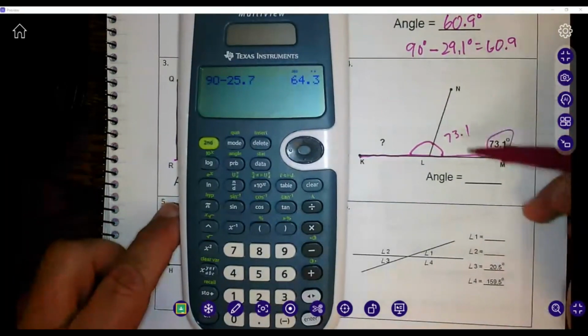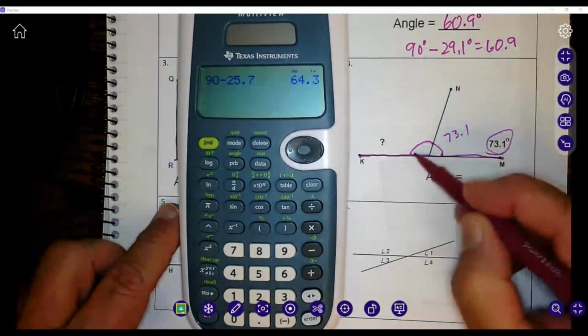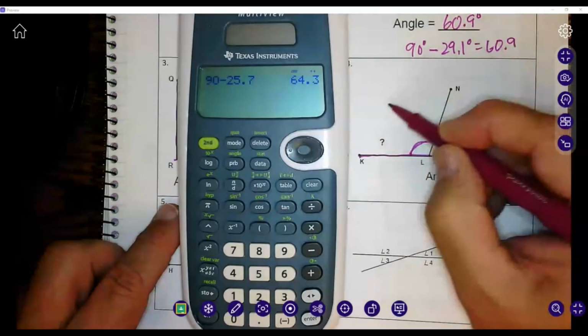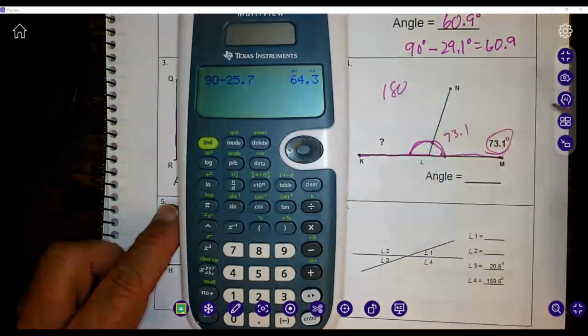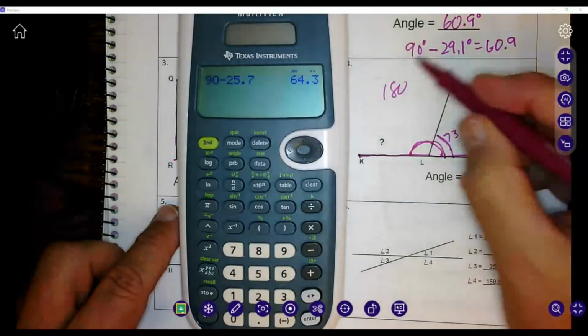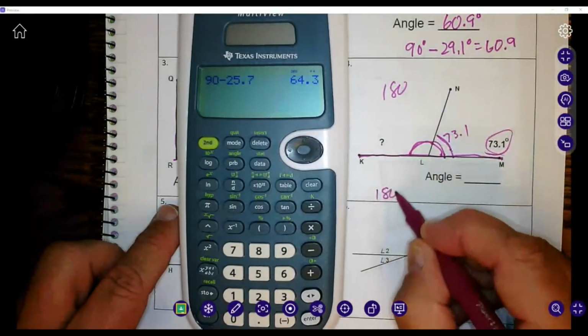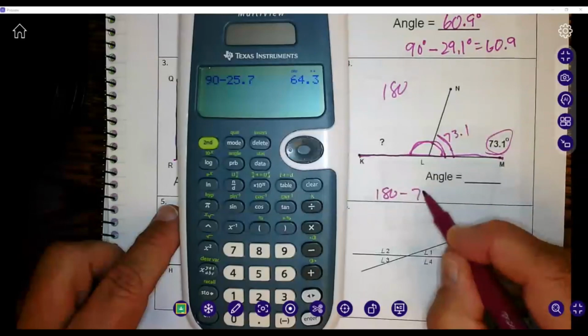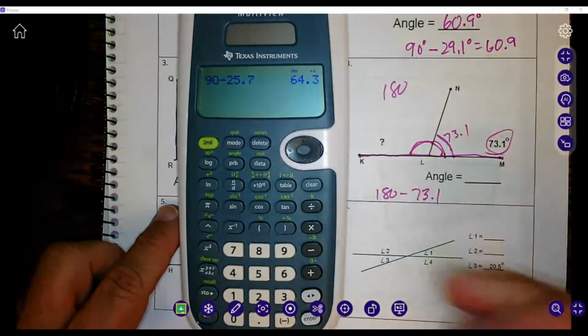Okay, so you're correct. The big angle is 180 degrees. Part of the angle is 73.1. So our arithmetic would be 180 minus 73.1.